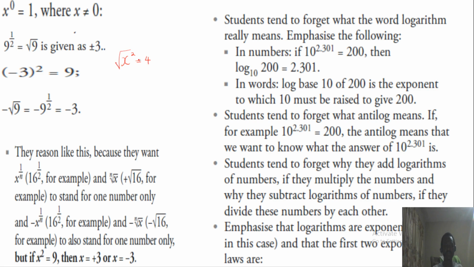This power 2 will cancel the square root, giving us s. Then what will be the square root of 4? The square root of 4 will be plus or minus 2. It's totally different from root 4.